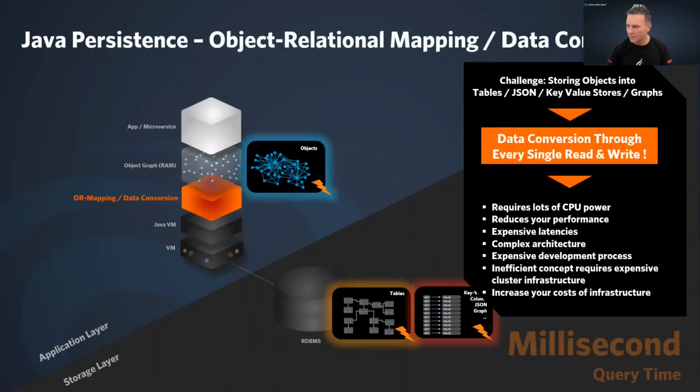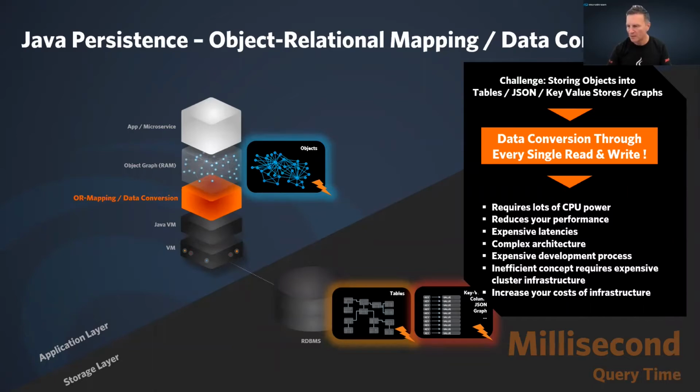So here we can see in the architecture we need object relational mapping between the relational database and Java, our app or service, or we need a data conversion if we use a NoSQL database. And this conversion or mapping is required for every single read and write. And this is really a delay. Here is the latency.